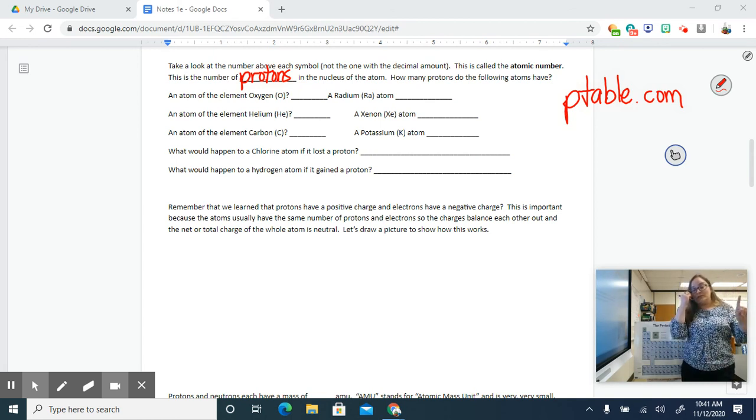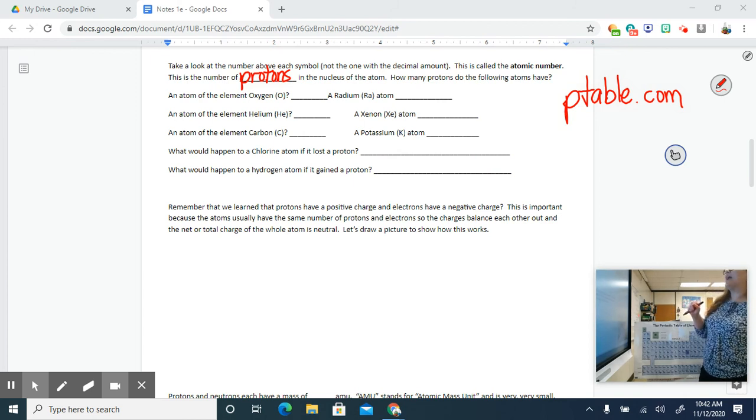But the number of protons and the number of electrons are the same in an electrically stable atom. Now, there are such things called ions, which we will talk about in the next unit. Ions are going to have one number for the number of protons and another number for the electrons. But in an electrically neutral atom, there are the same number of protons and electrons. But we're going to stick with protons right now because that's the one that always stays the same.